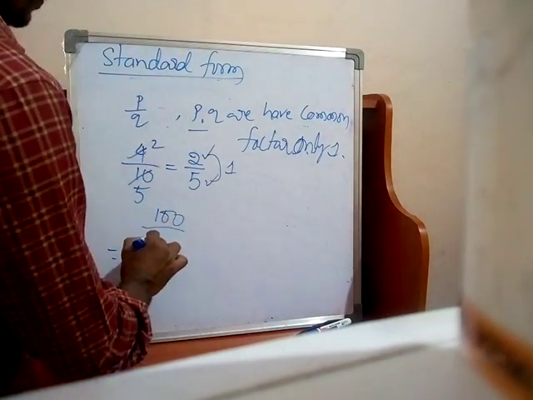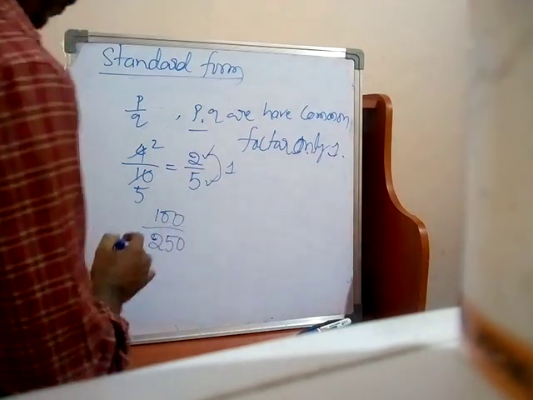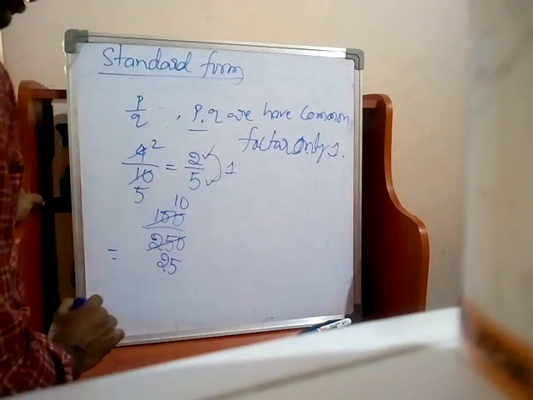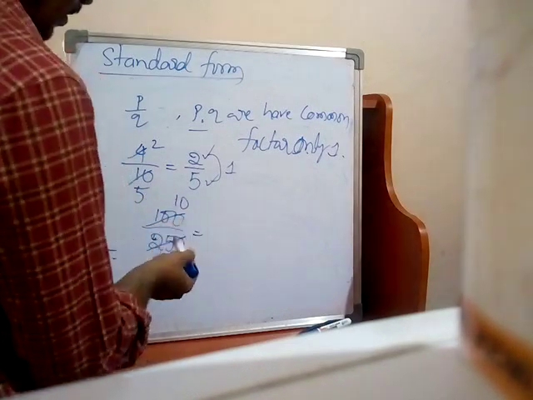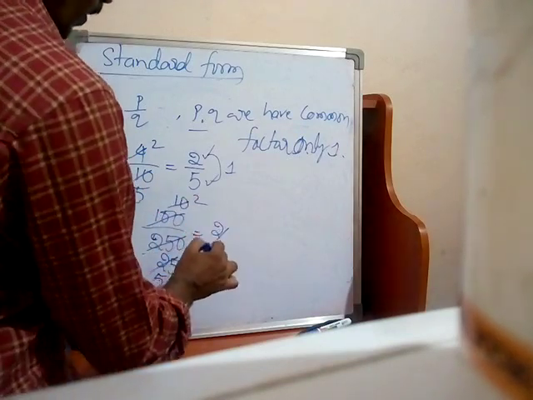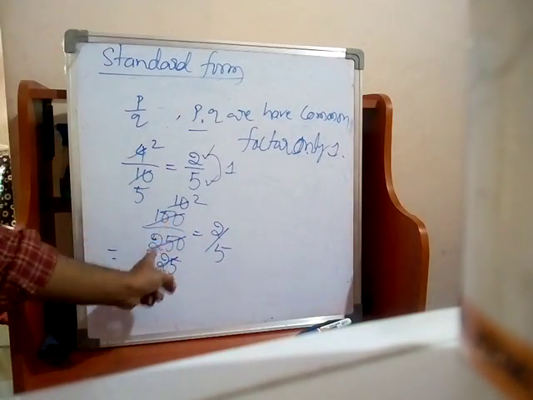100 by 250 like this is there. Okay, so 100 means 10 table 10 times, 250 means 10 table 25 times. Next 10 by 25 means 5 table 2 times, 5 table 5 times. So we get 2 by 5. So this is also the standard form of this rational number.